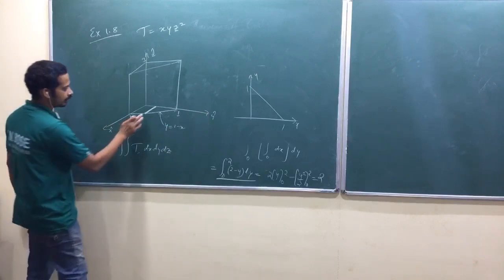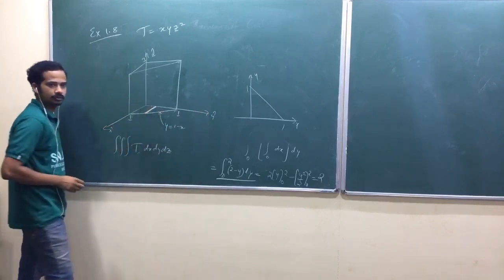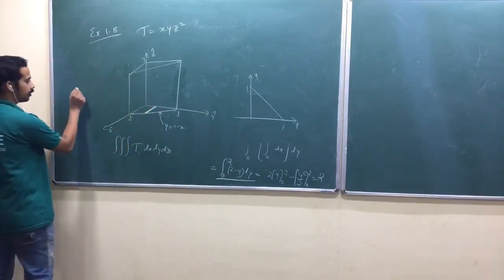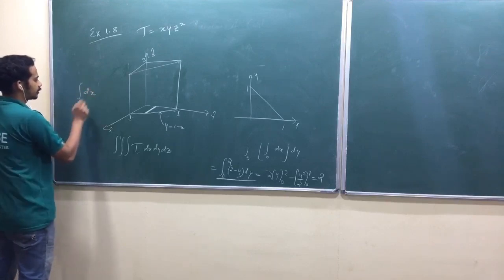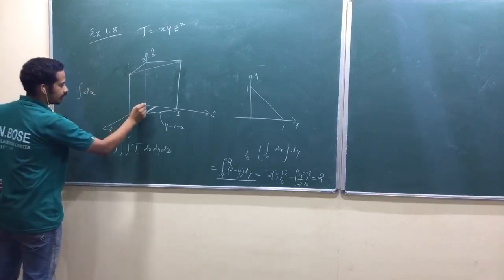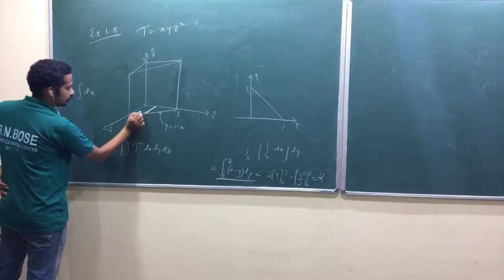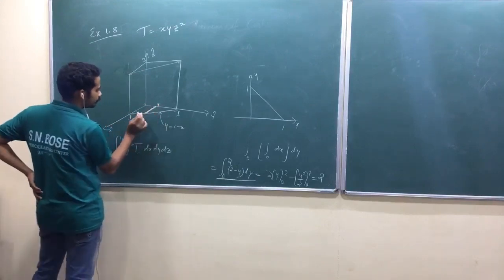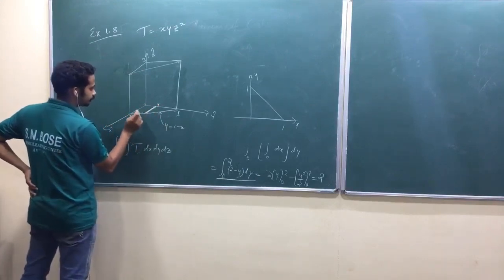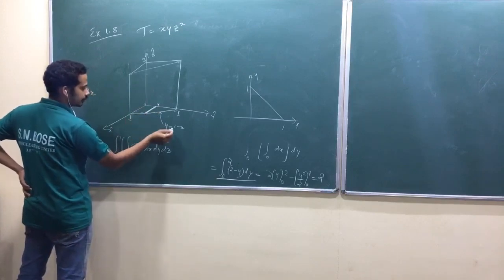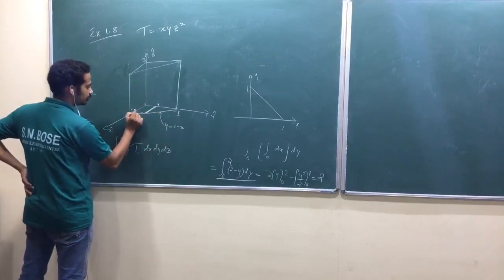Now let me find the length of this one. While finding that length, how should I integrate? I should integrate dx, isn't it? I have to integrate x running from 0 to, if this is y, what is this one? 1 minus y.